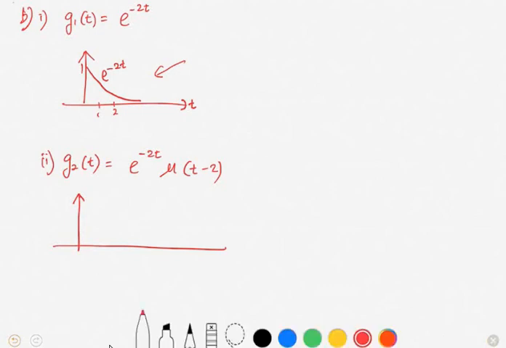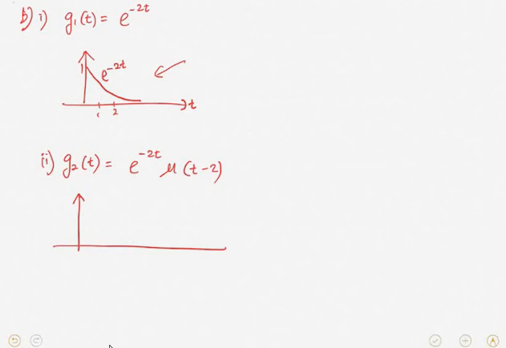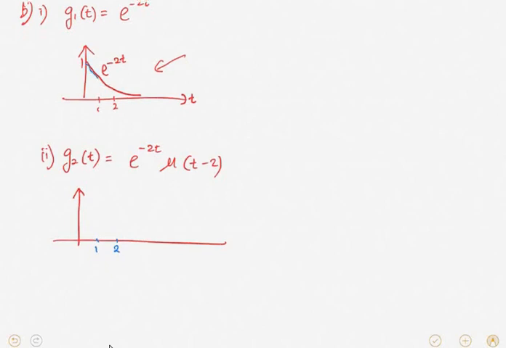I draw it in a different color. Based on question 1, you have this curve for the exponential, but if you chop off the front part and start from t equal to 2, you will just have this part only. This is exponential negative 2t multiplied with u(t-2).